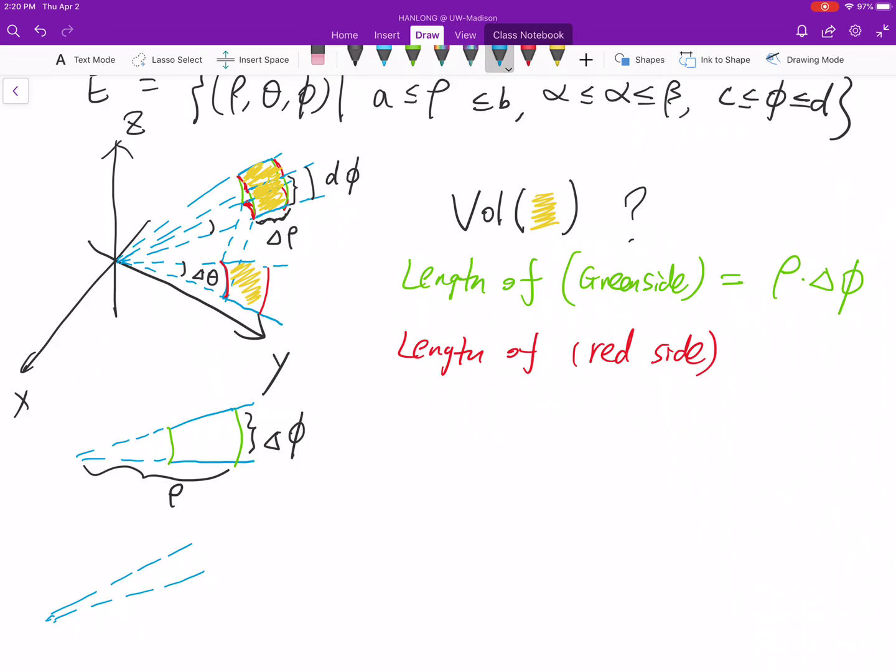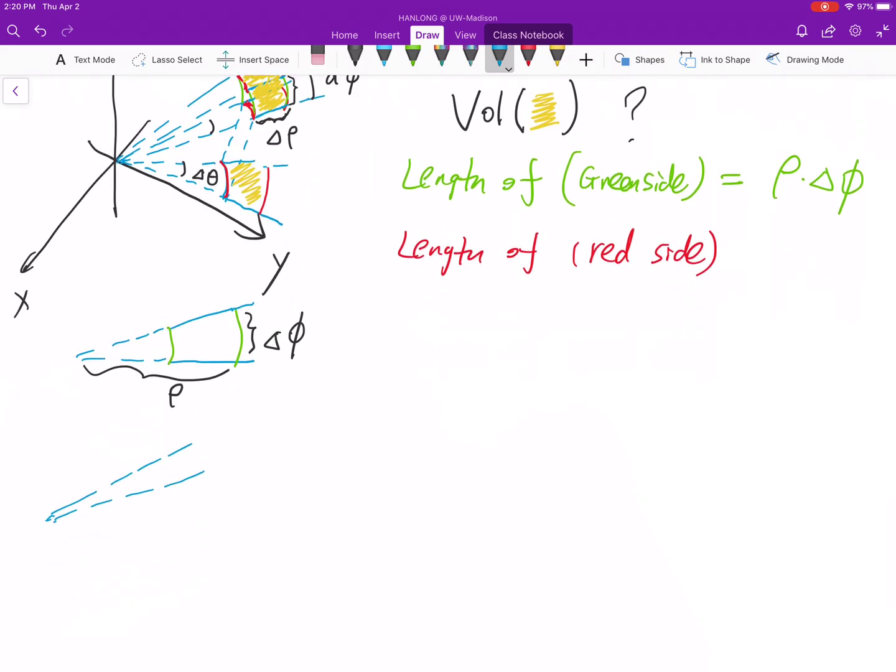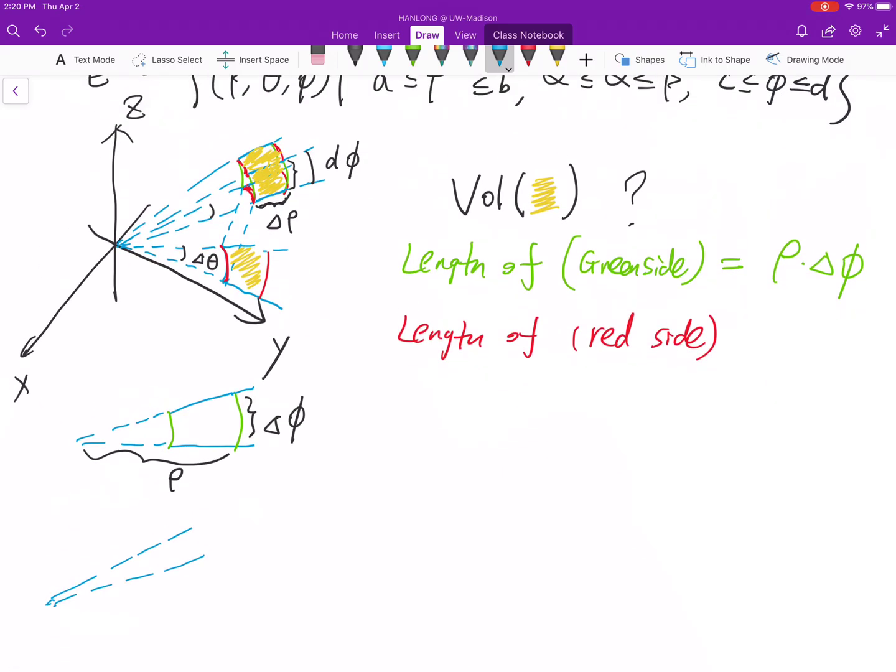Okay, so this red side, I see. So the red side is the same as the length of this part.